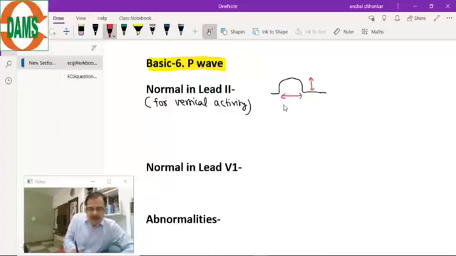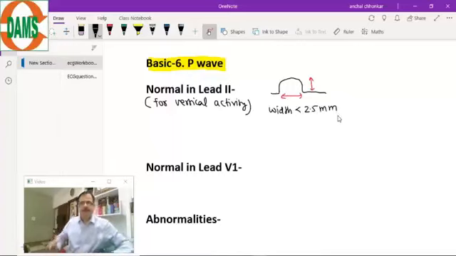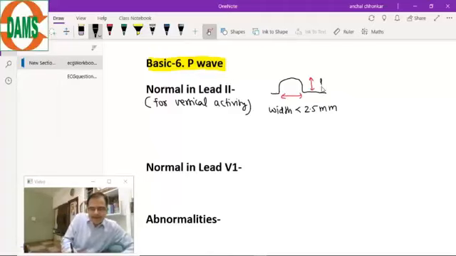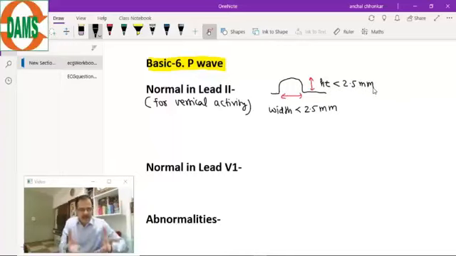Here are the dimensions. Dimension is the width, less than 2.5 millimeters. Height, less than 2.5 mm. I am taking the unit as the same just so that you can remember these facts easily.